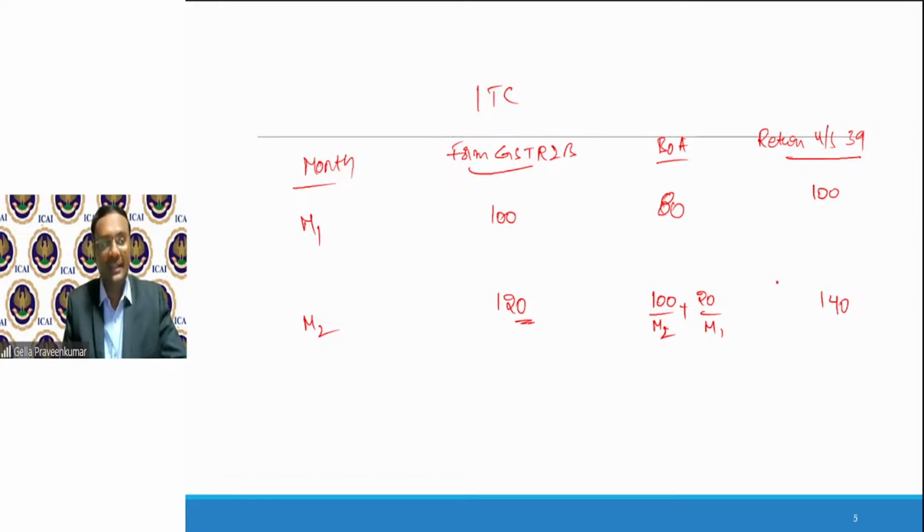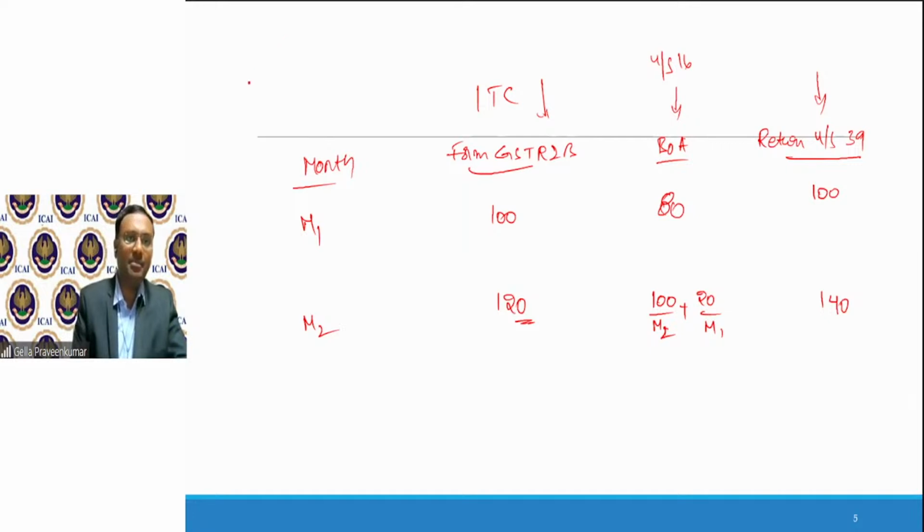Now, when a GST audit happens, they will say, what is the input tax credit you have accounted under section 16? What is the input tax available in form GSTR-3B? What is the input tax availed under section 39? Now, in case there is any mismatch, should this tax be demanded under section 73 or under section 74?